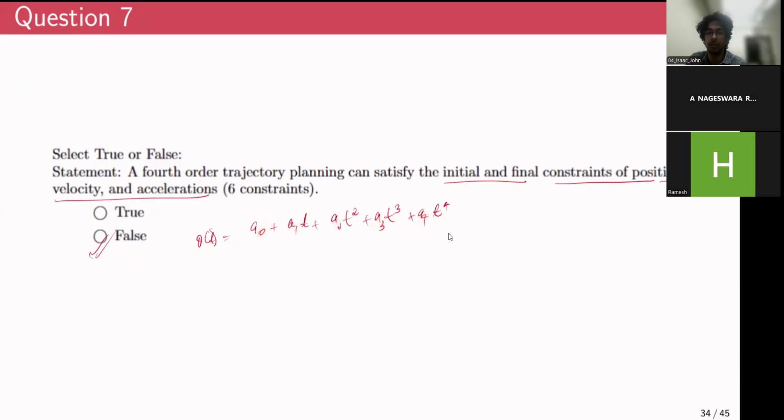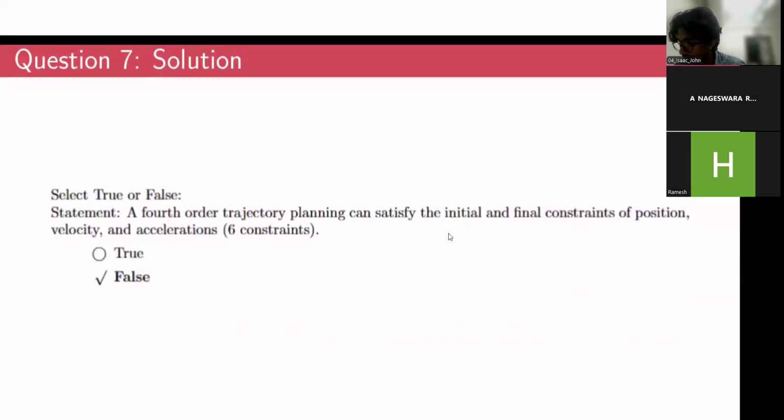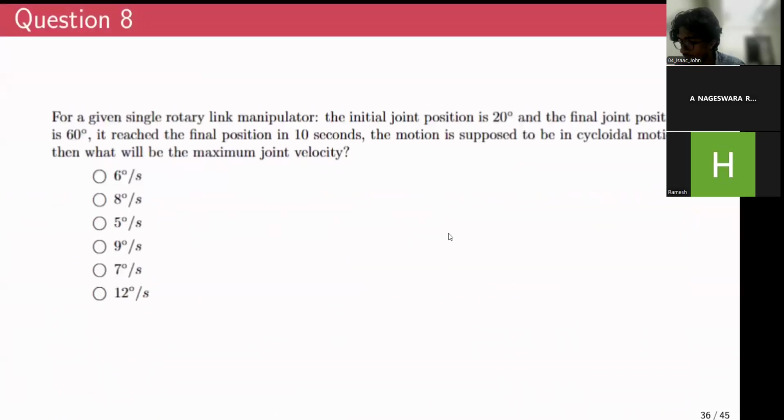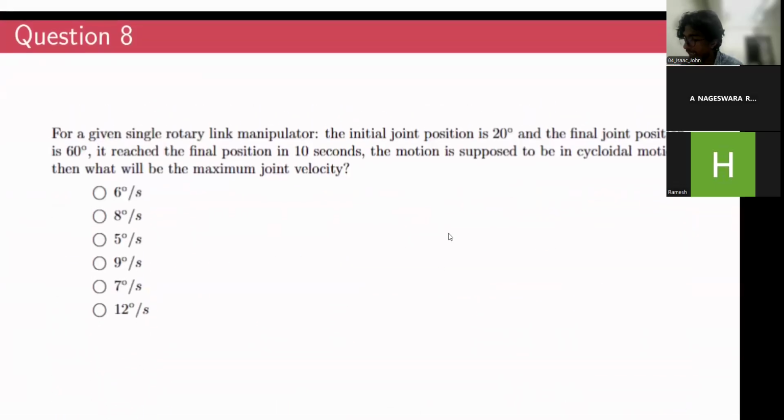So to solve it, we only need 5 equations or 5 boundary conditions. We cannot satisfy a sixth constraint. So in that regard, the option is false for question 7. Yeah, it's indeed false.